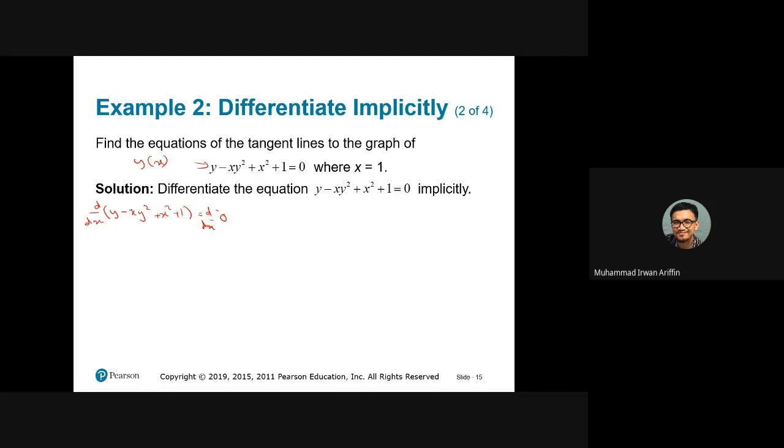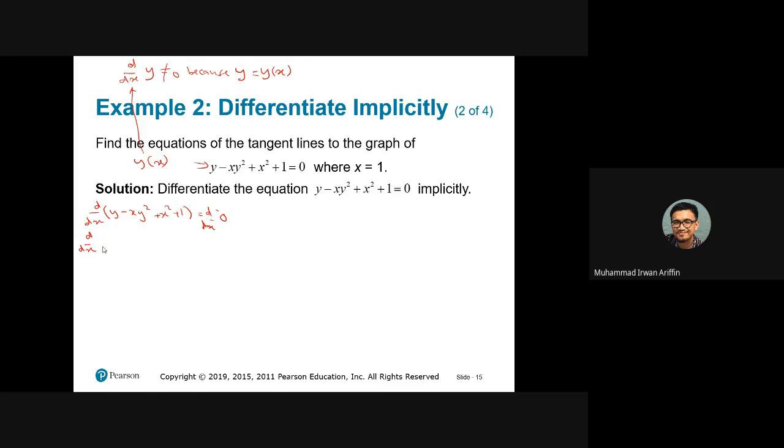So when we differentiate this, this is just to remind everyone that the derivative of the first element is not 0, because y is a function of x. So do not simply replace it with 0.